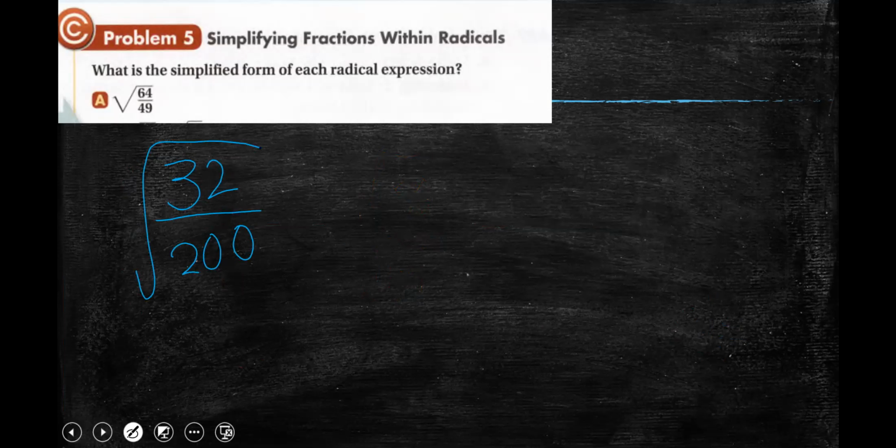But if you look at the 200, which is the denominator, as they told us here, since the denominator is not a perfect square, so we have to simplify the fraction. What do we have to do? We have to simplify the fraction first.